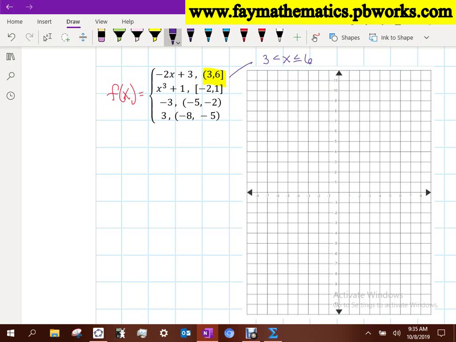So -2 times 3 gives me -6 plus 3, -3. Open dot or closed dot? Okay. Now we'll plug in what number, Chuck? 6. And I plug in 6, what do I get back? -9. Open dot, closed dot? Closed.